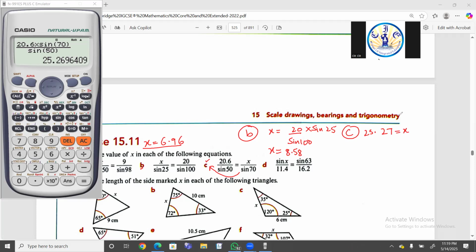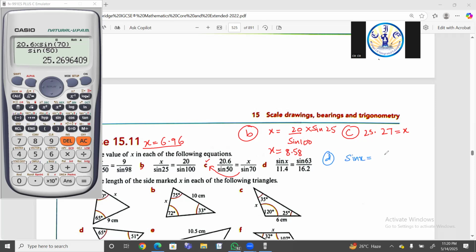Okay. Now there is something special about part D, because in part D we need to find out the angle x whose sine is what we are given. So in part D, I'm going to do it first of all.